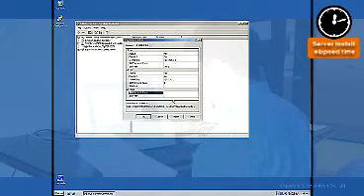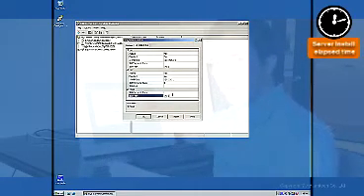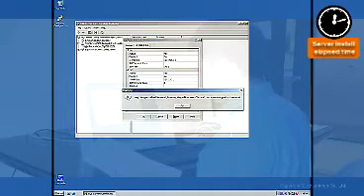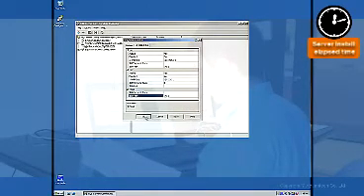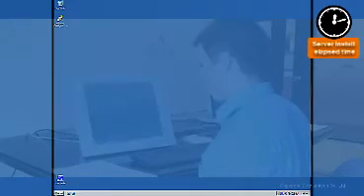It's the same for IP all. So it's important that you have your main IP interface and the IP all together. And apply. Okay. Now we have to restart the SQL Server Manager process.